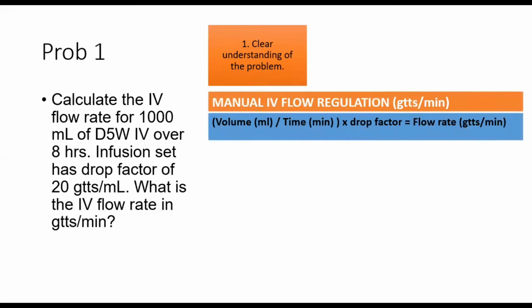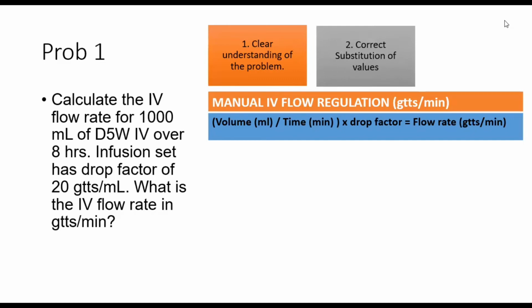This problem has something to do with manual IV flow regulation that requires us to calculate for drops per minute. And the formula for this type of problem is volume in ml divided by time in minutes multiplied by the drop factor equals the flow rate in drops per minute.